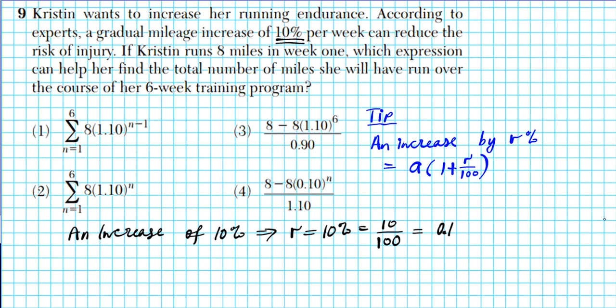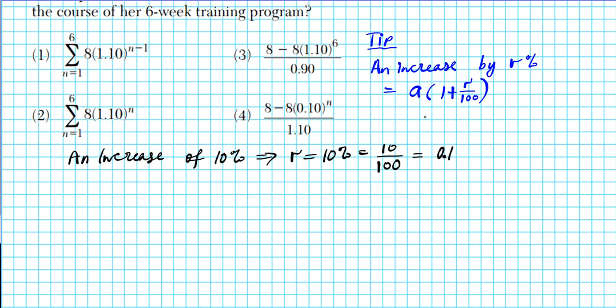Now let's go back to this formula right here. If you have an increase of 10% with whatever initial amount, if we substitute this scenario here, a 10% increase is going to be a times 1 plus 10% in decimal form, which is 0.1, which is a times 1.1.